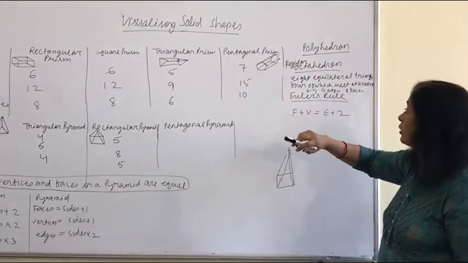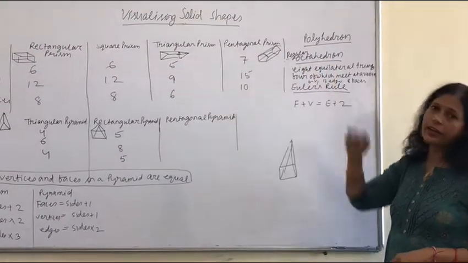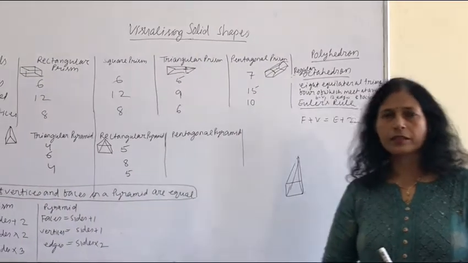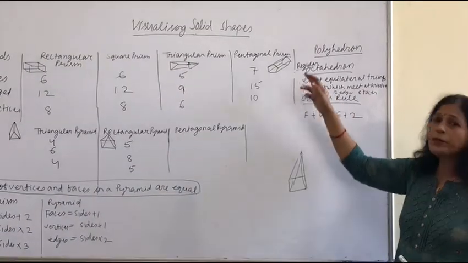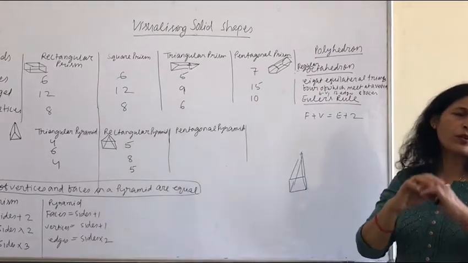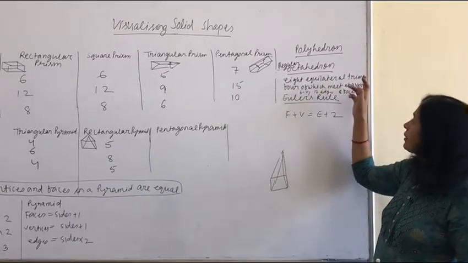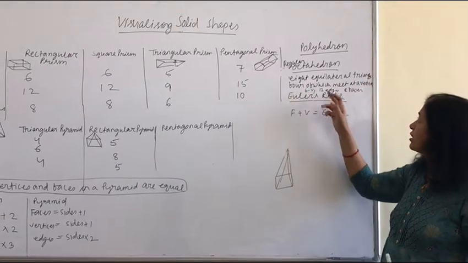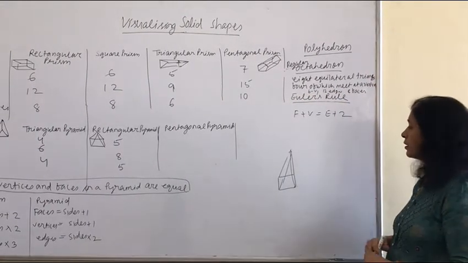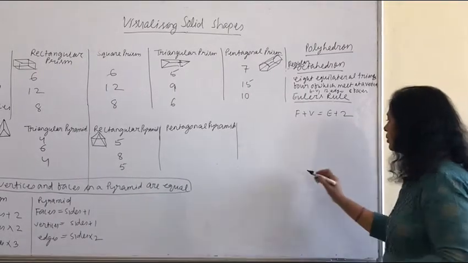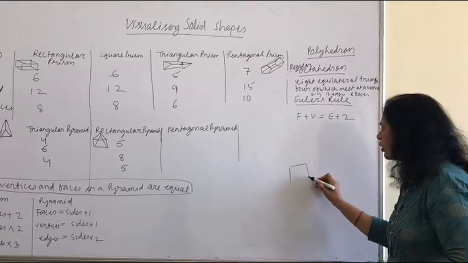You just look at this one. Regular octahedron. What is an octahedron? Octahedron means 8 faces. Clear? So regular means all the triangular faces are equal: 8 equilateral triangles, 4 of which meet at a vertex. Like that, so you can draw it like that.